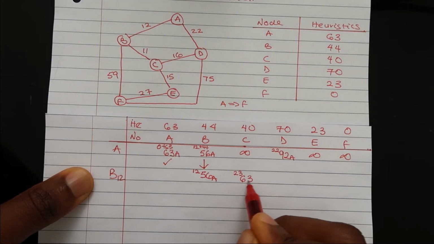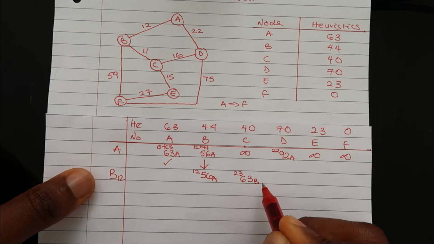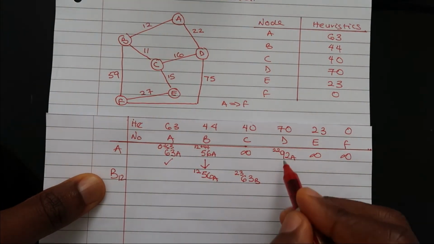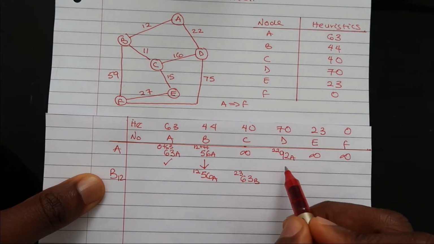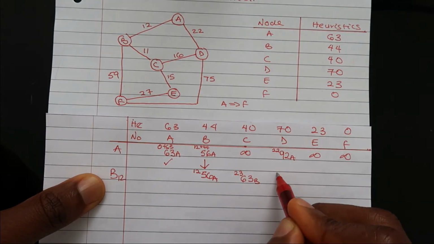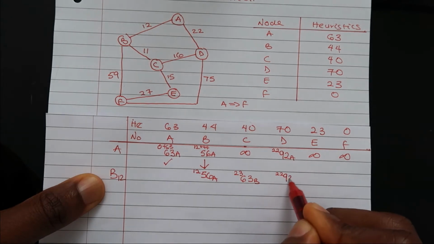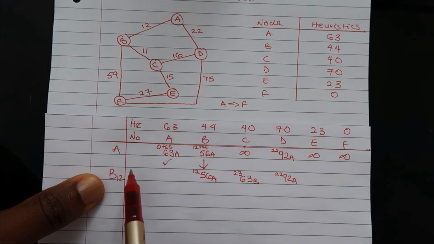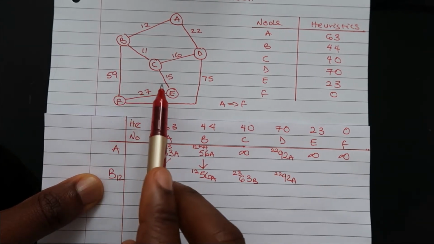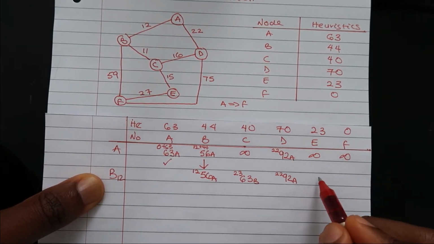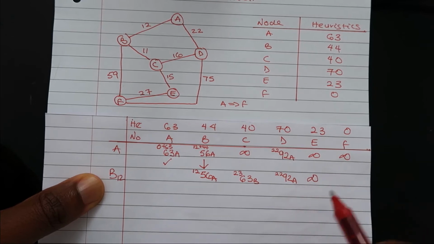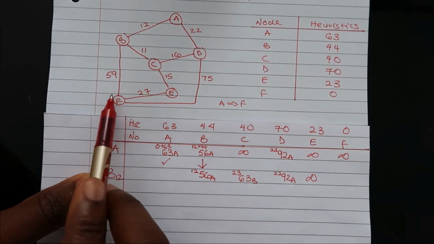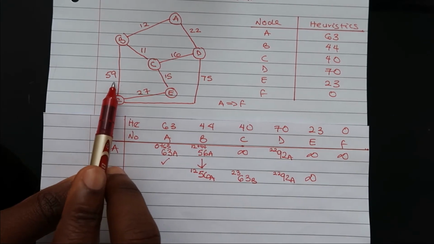And that's coming now from B. Now, B to D doesn't exist, so the best known path that I have is still 22, and considering the heuristics, that's 92. B to E doesn't exist, so I'll still bring down my infinity symbol there. B to F actually exists, and that's 59.